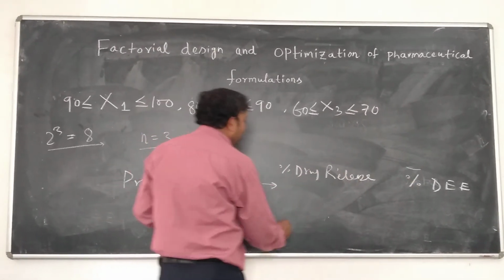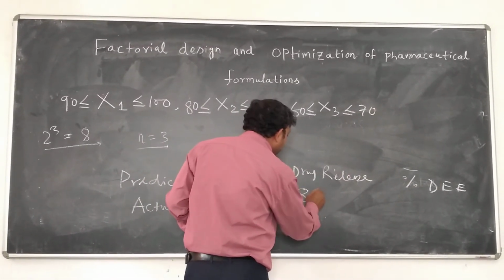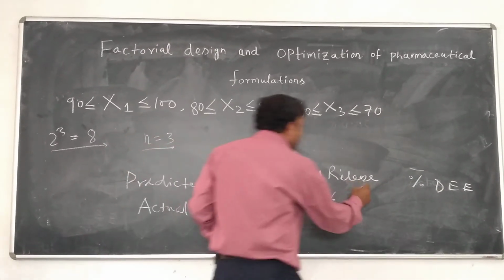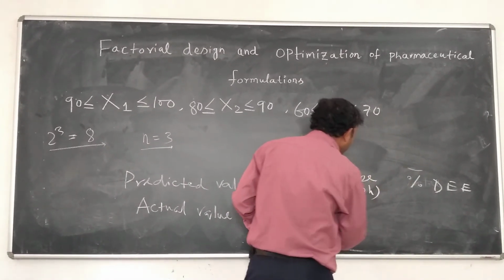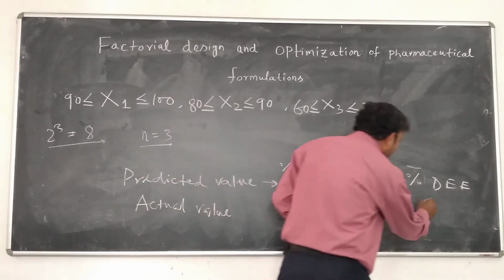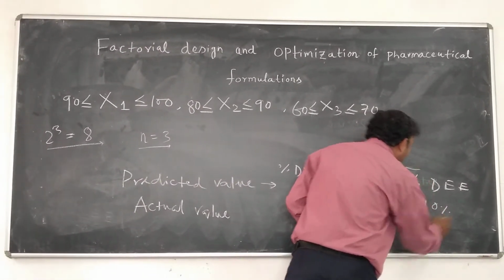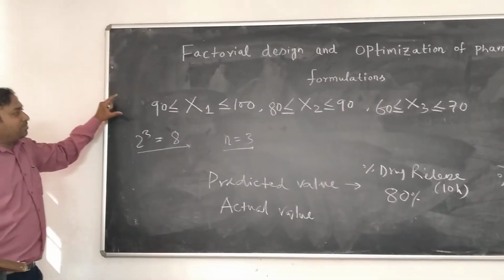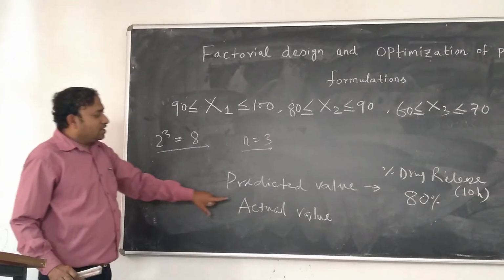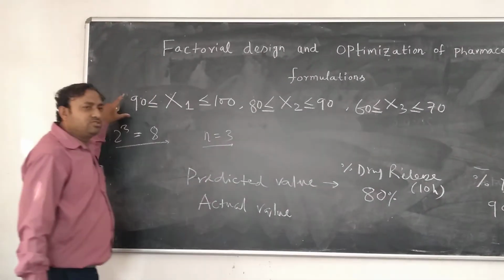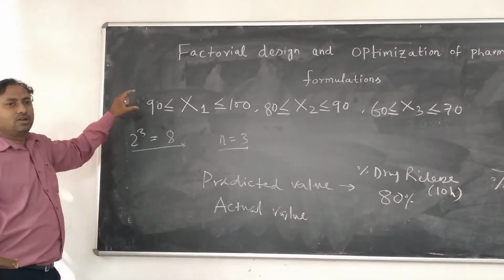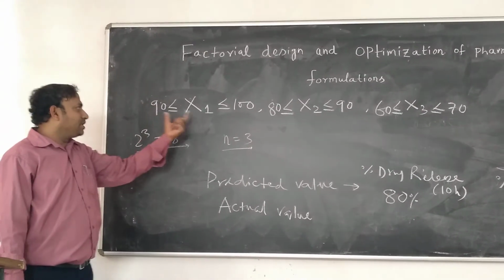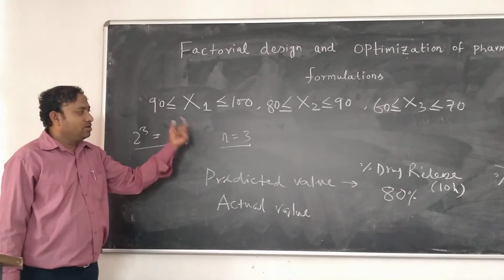The predicted value the software provides is, say, 80% drug release at 10 hours and drug entrapment efficiency of 90% after choosing these factors. The software also gives the particular amounts like 85.1 mg, 86.1 mg, with the range between 90 and 100.